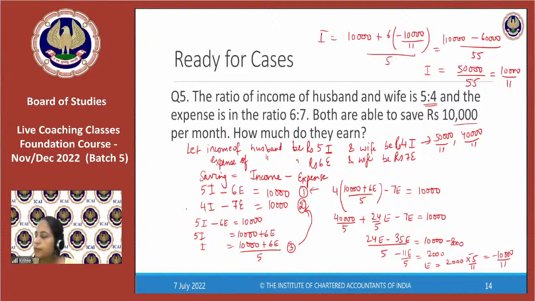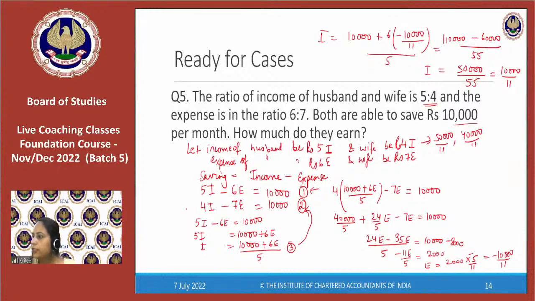Your expenses might be negative here and the income is there. Let's not go into how the income and saving can be negative. The point here is we must know how to solve the question. That's okay. The number ended up being abrupt, but that's fine.